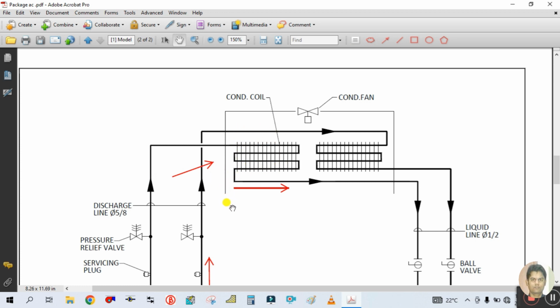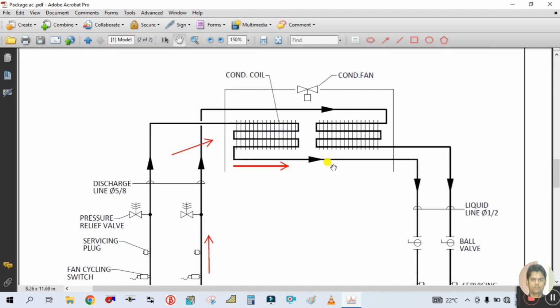Because the outside temperature is lower than the temperature of this refrigerant, it cools and changes its phase from vapor to liquid, but the pressure is still high.